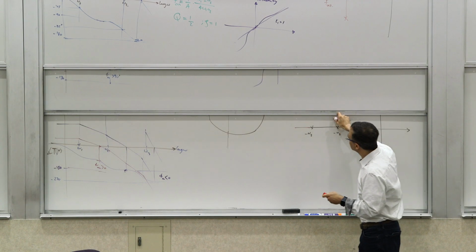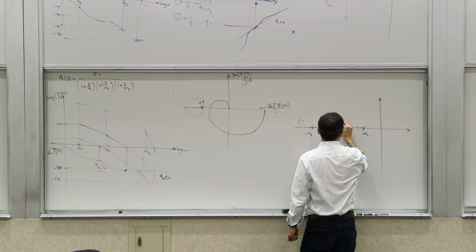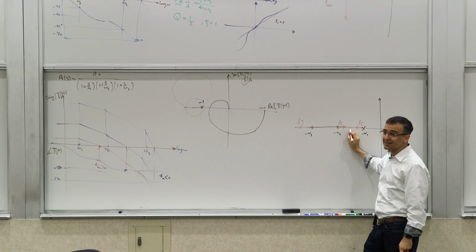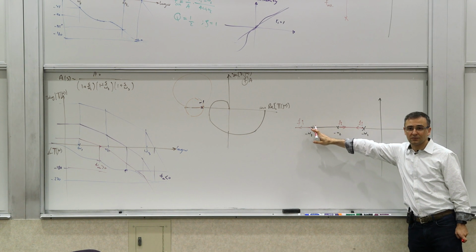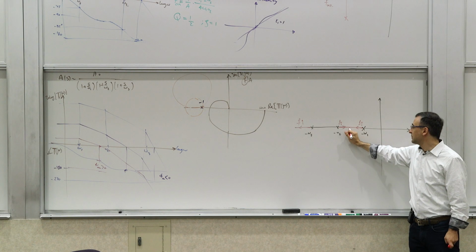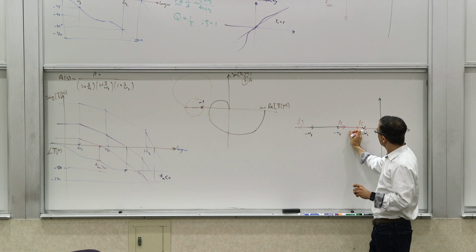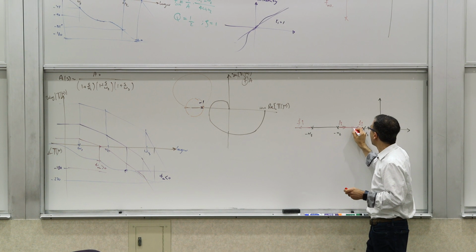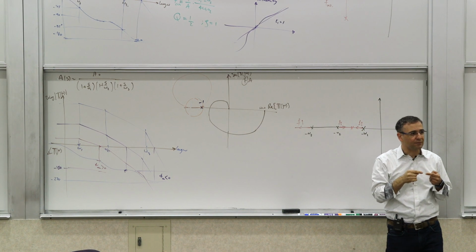So as you increase the f, this guy will go that way, and these guys will start getting close to each other. They will not necessarily hit exactly in the middle because of the influence of this other pole, but that doesn't really matter. So at some point they will start hitting each other as you increase f.